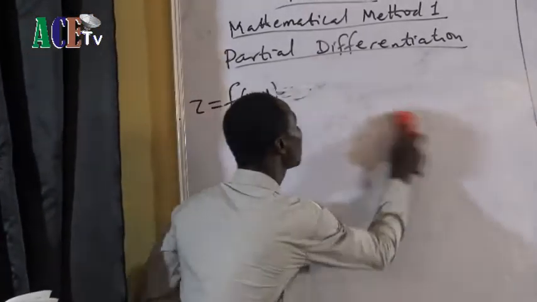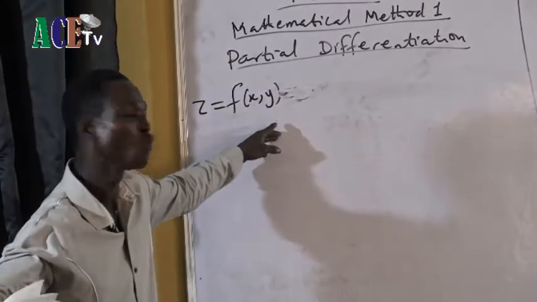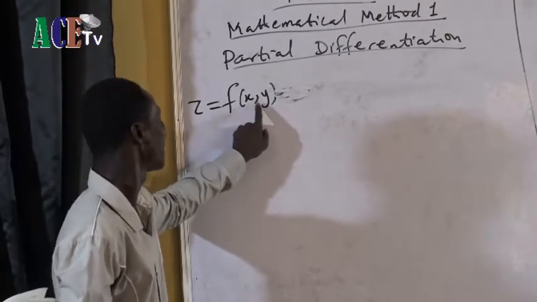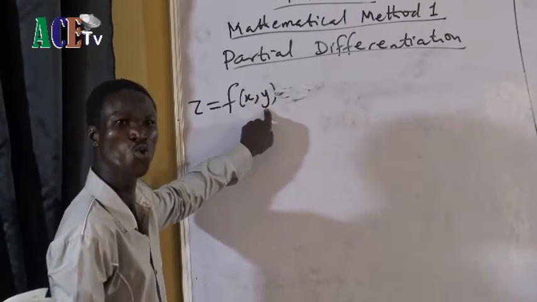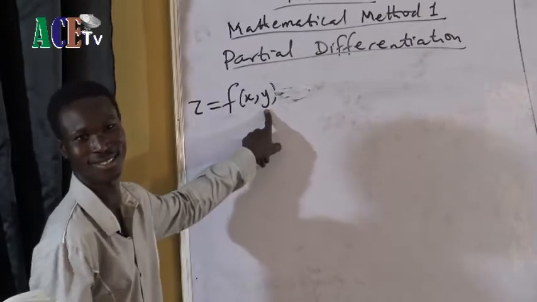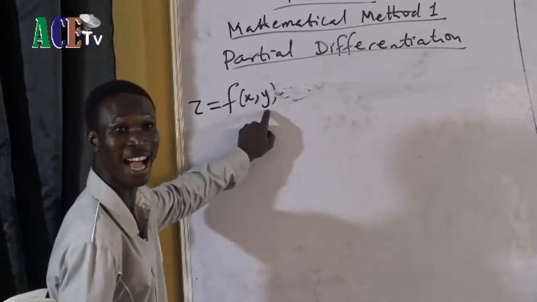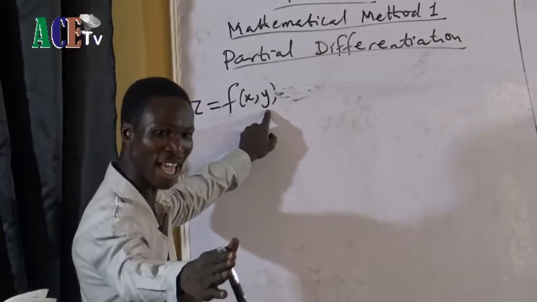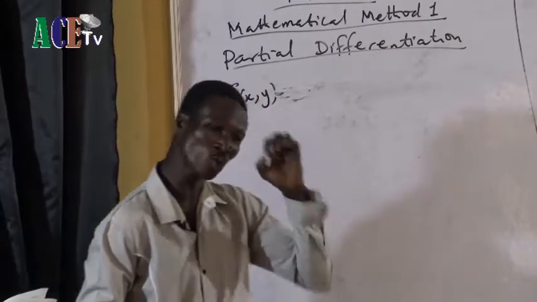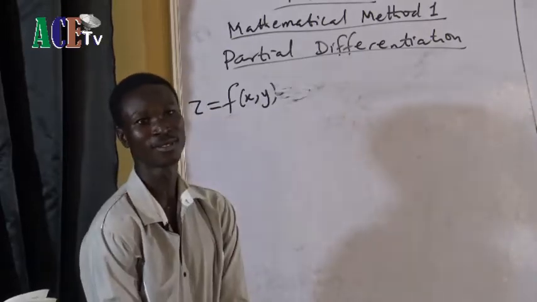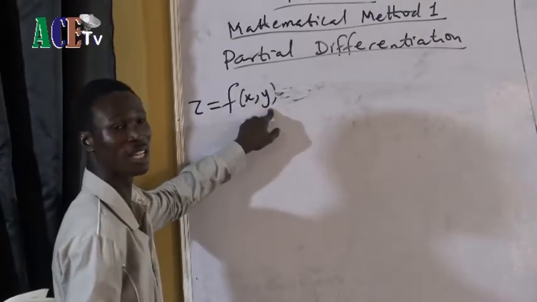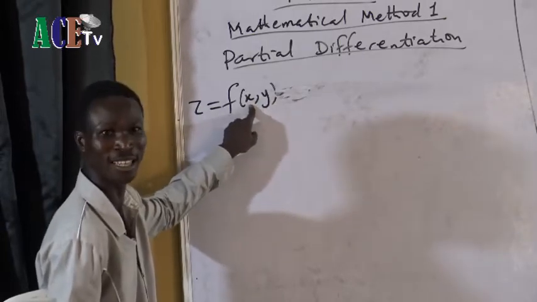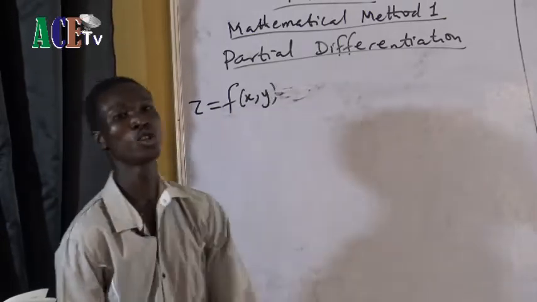Now, I can differentiate this function with respect to x. It means in this case, y will be constant. I will treat y as constant. It means I consider the movement on the x-axis while the y-axis will stay unmoved. The same thing, if I want to differentiate this function with respect to y, x will be considered as a constant. And that's what we want to do.